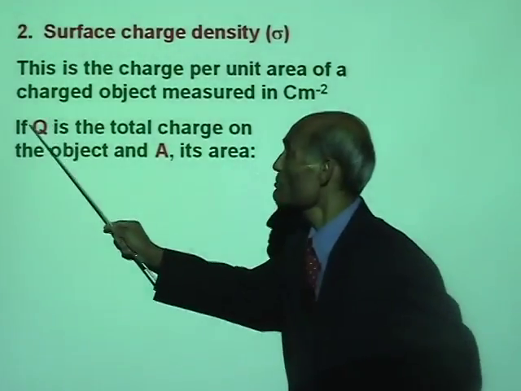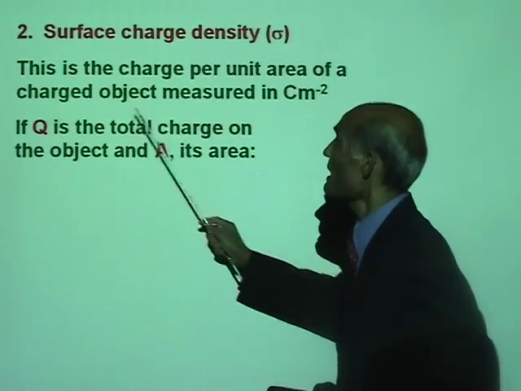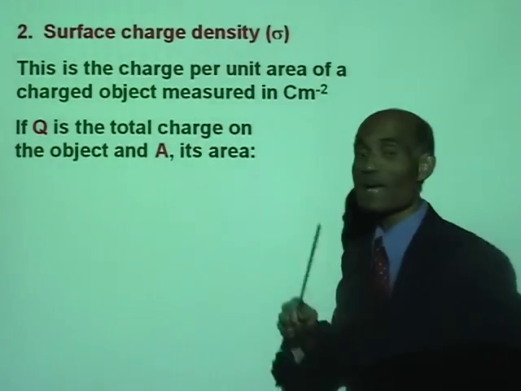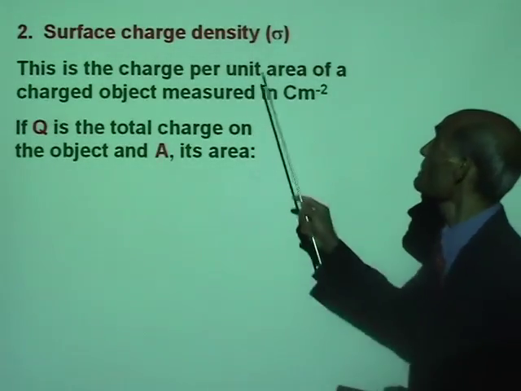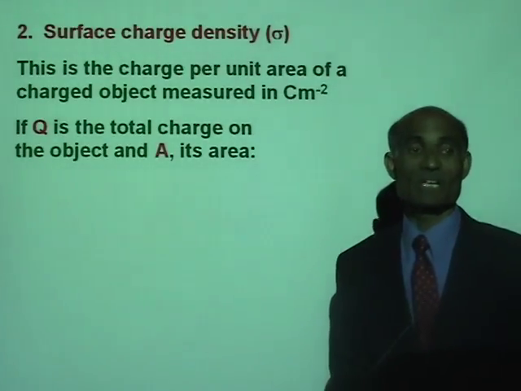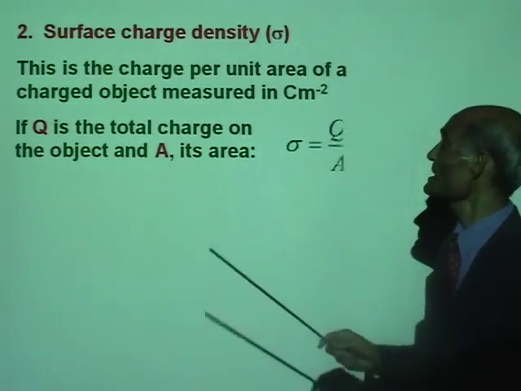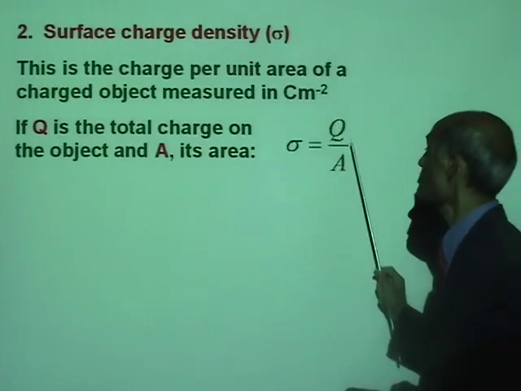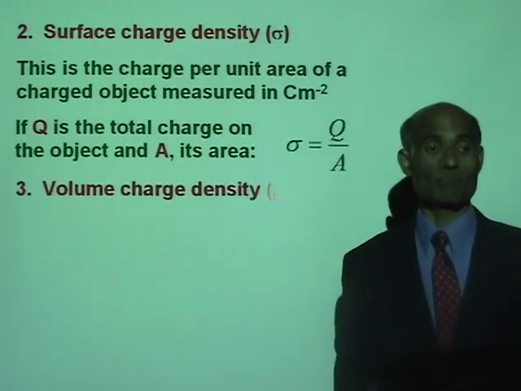If an amount of charge Q is distributed over an area A, what will sigma equal to? The surface charge density sigma equal to Q over A, charge per unit area.